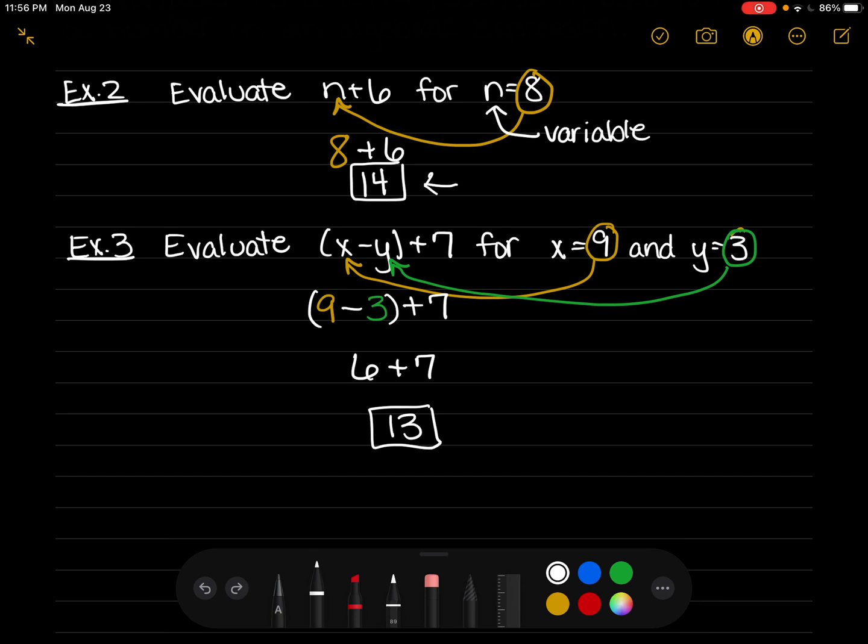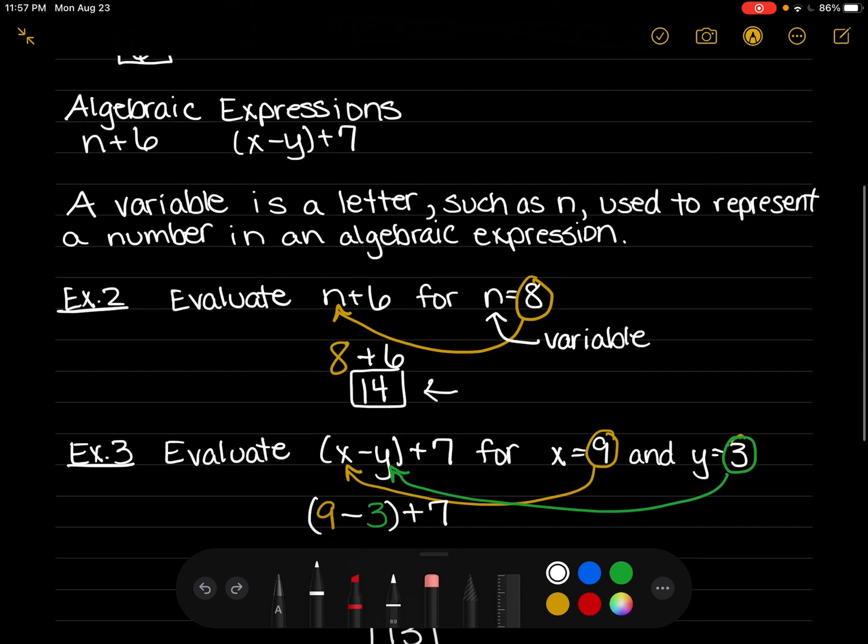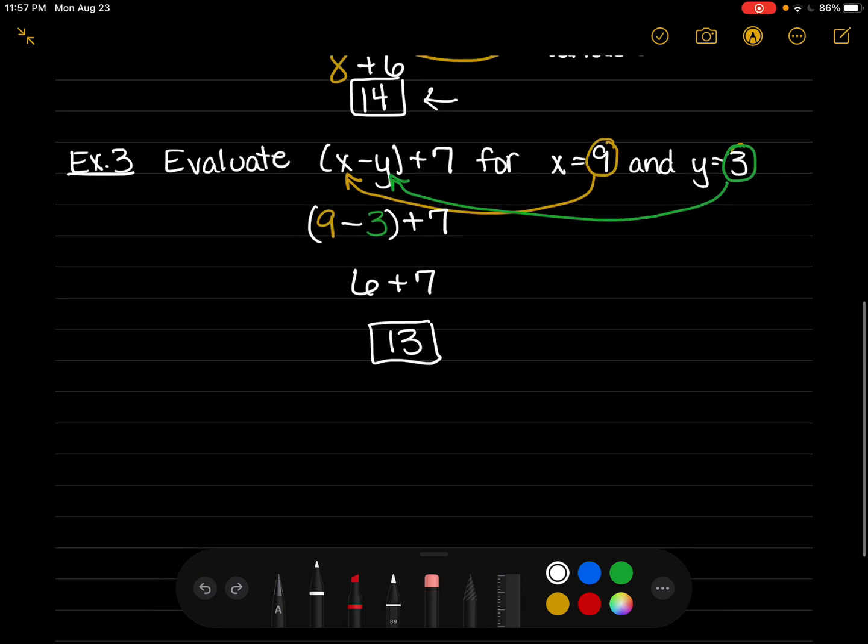Now, some of them will give you different variables just like this, and some will have in your instructions to use the same numbers for every single problem. So make sure that you read instructions carefully.